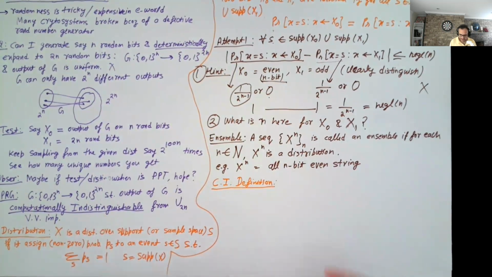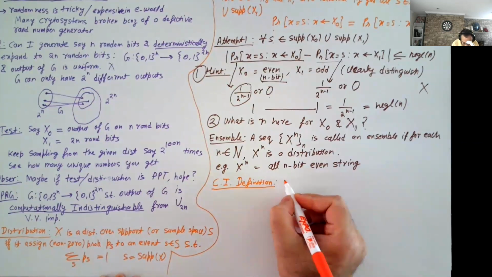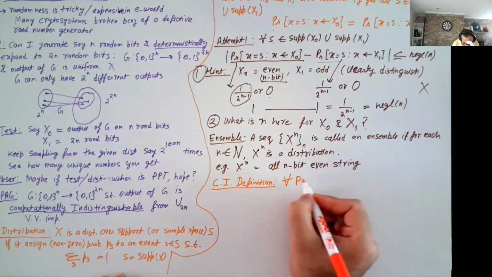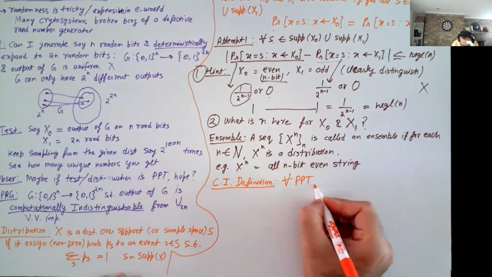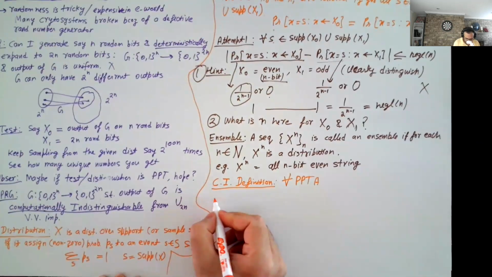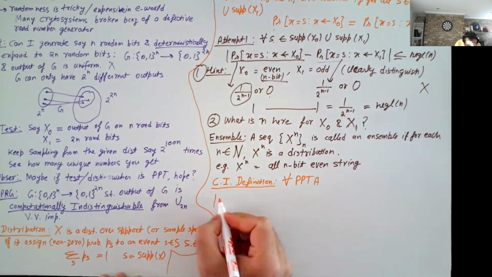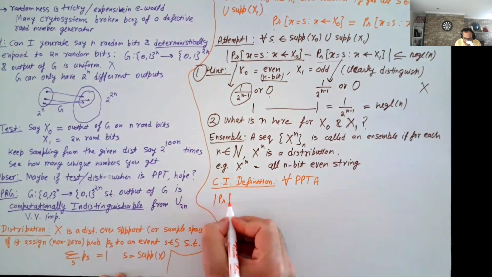What I want is that for every PPT adversary A, I look at the following two probabilities, and I would ask these probabilities to be very close to each other.